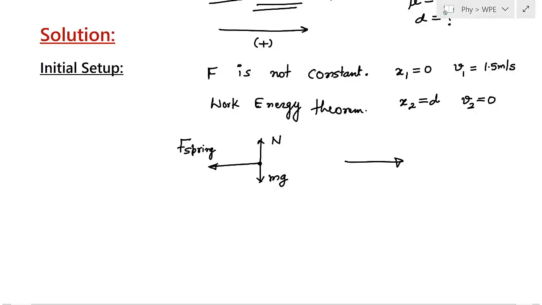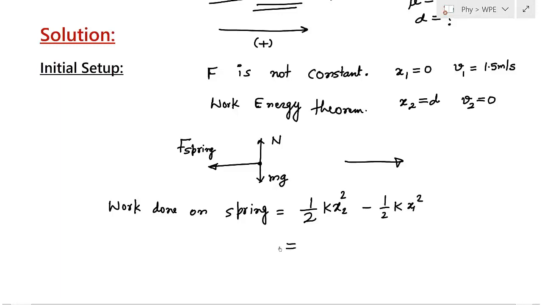And if you remember, work done on a spring is basically the change in potential energy. So let us first find the work done on the spring. This is nothing but the change in potential energy, that is half k x2 square minus half k x1 square. Now we already said x1 is 0 and x2 is d, so this is simply half k d square.